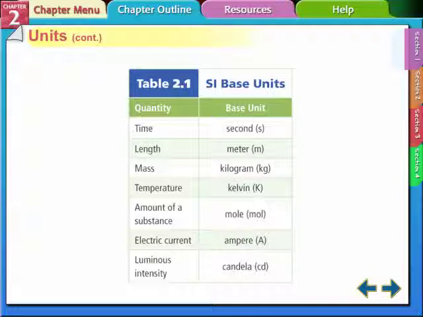And when we get into electrochemistry, we will talk about electric current. The candela, I may try to introduce that when we start talking about light and electron spectrums and all that kind of thing. We'll see.